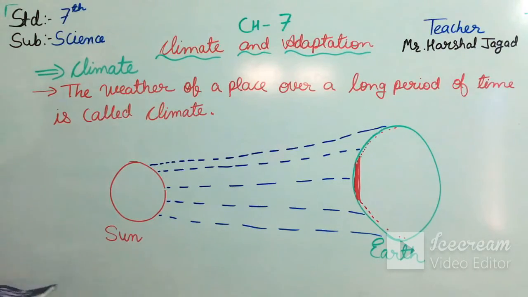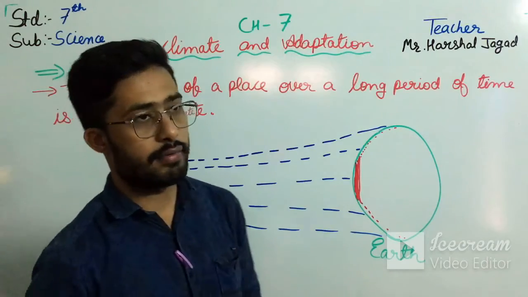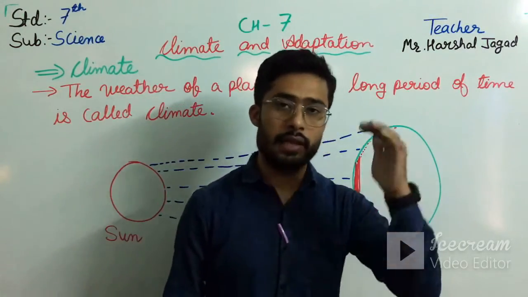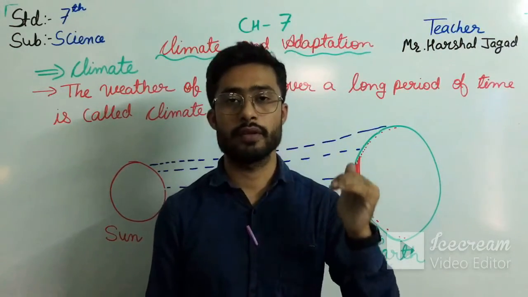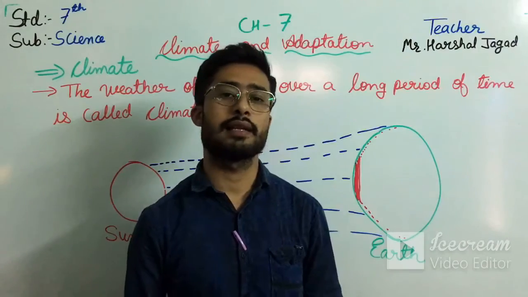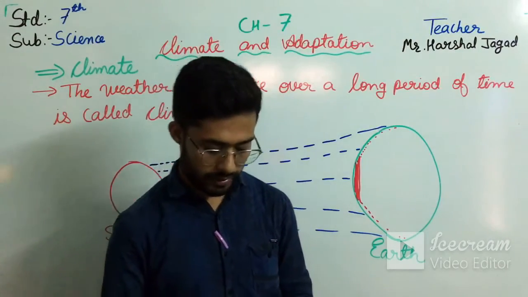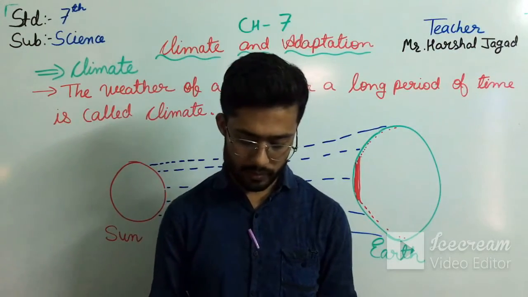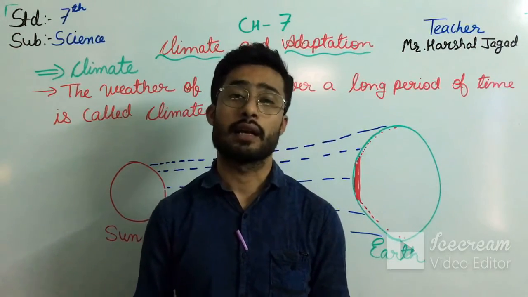So the atmosphere on the earth, here we have seen about the atmosphere. There are 5 different layers of the atmosphere: troposphere, mesosphere, ionosphere, and all 5 layers are there. So here the composition and the density of the earth's atmosphere also affect its climate.